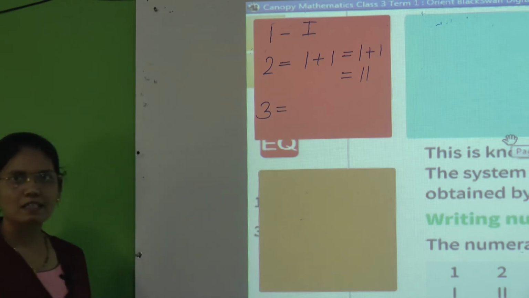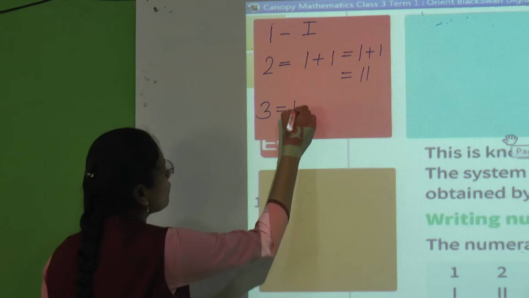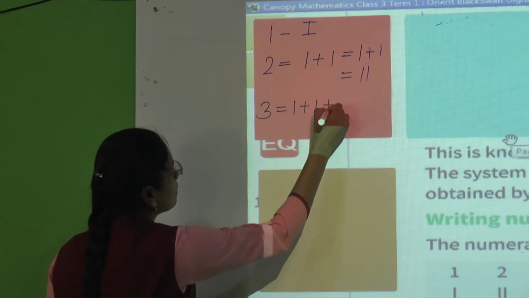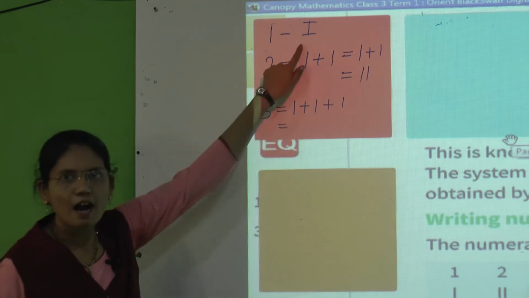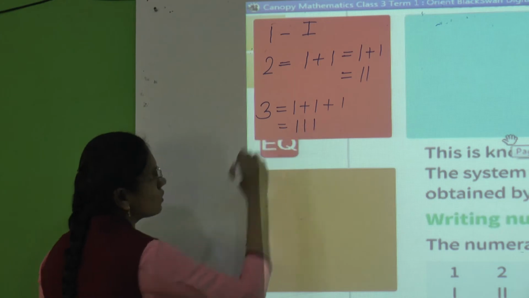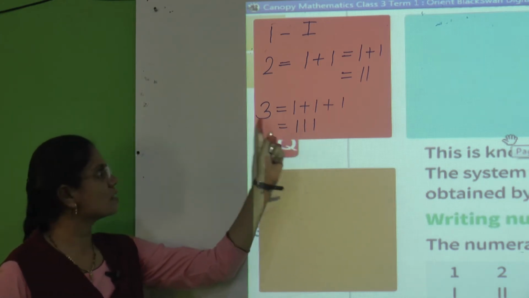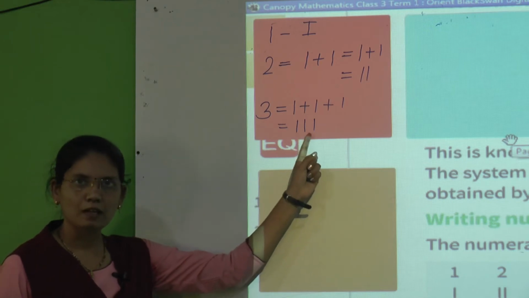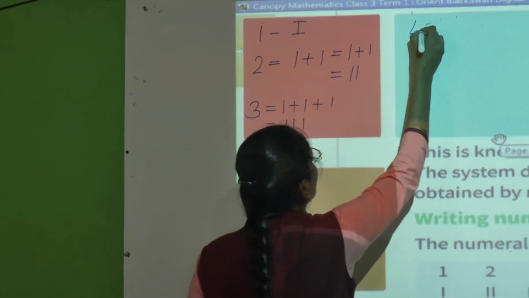How can we represent 3? First split up the numbers. 3 means 1 plus 1 plus 1, isn't it? For 1 we are using I. So we can show 3 by repeating I 3 times. So 3 means triple I. Okay. Now suppose I have to write 4.